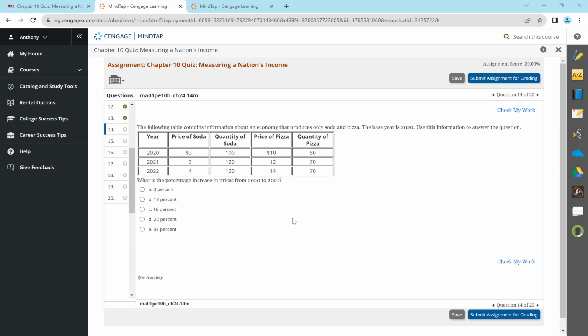It was 1060. How did it go to 1200? To me, it's the same result as the previous one. It's the 1.13. It's this one over using the base year's prices. Good question. I don't know.